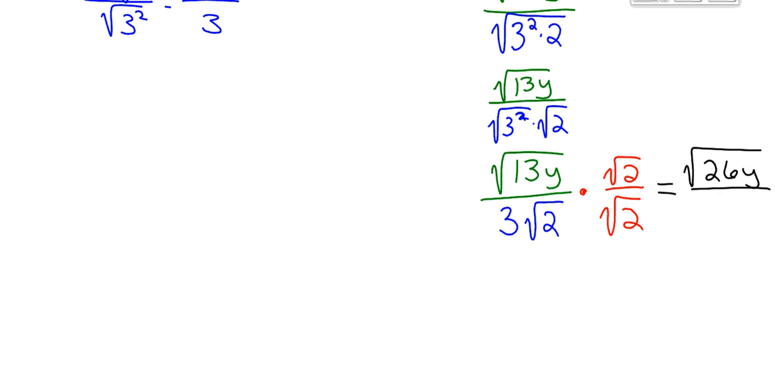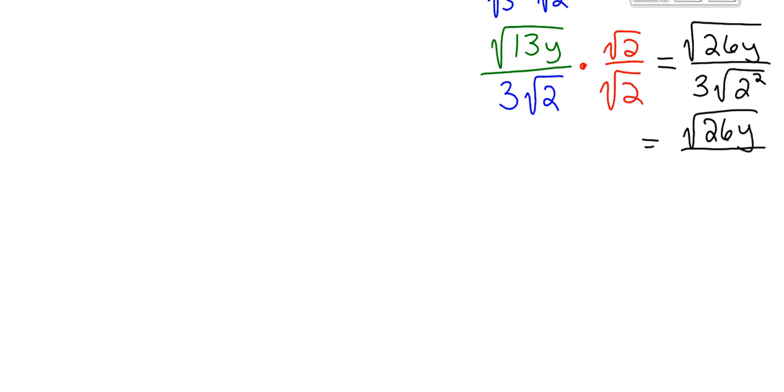Over, and then down here I have 3 times the square root of 2 squared. The square root of 26y just stays because it's 2 times 13. 2 and 13 are both prime numbers, so there are no perfect square factors. And then on the bottom, 3 times the square root of 2 squared is plain old 2.